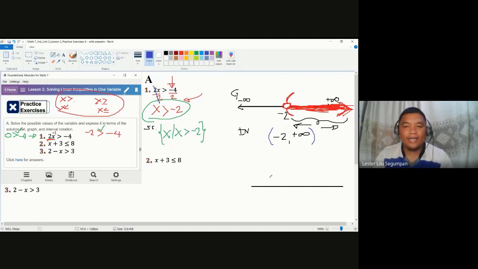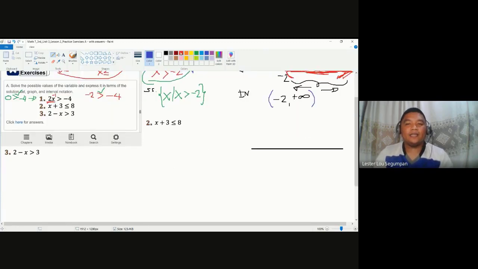But these are all again referred here. So we need to come up with this correct form first. Let's go to number two. In number two, the terms are separated by addition. So we cannot say we will divide both sides.